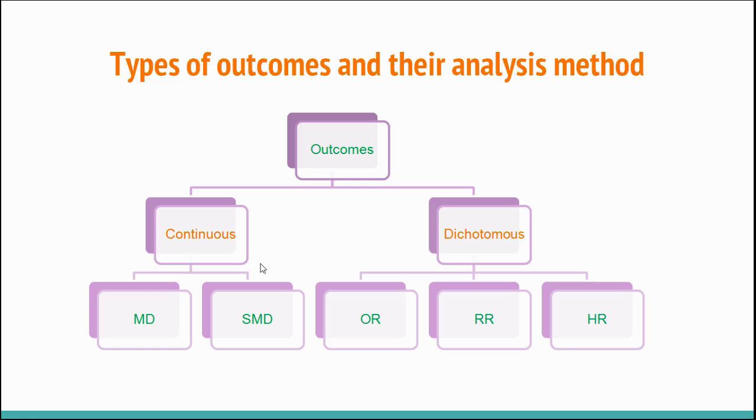So yeah, these are the basic things you should be aware of, whether your outcomes are in continuous format or in dichotomous format. Following that, you can either use mean difference, standard mean difference, odds ratio, risk ratio, and hazard ratio. Following that, you can decide which format of reporting to go with for the study.